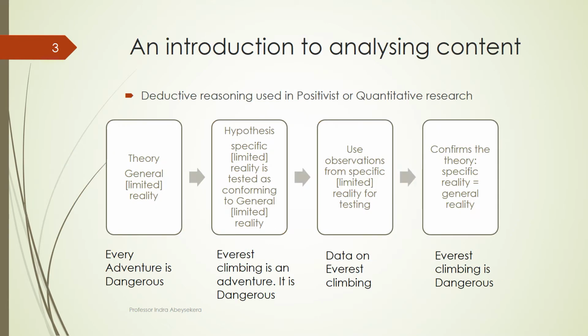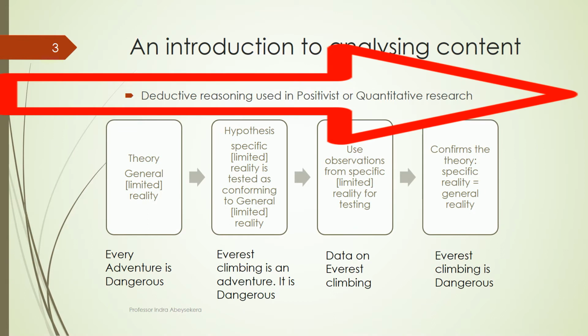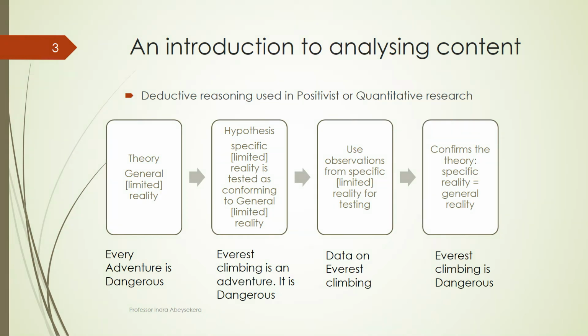When we analyze content and want to make inferences, there are three ways to make inferences. The first one is the deductive reasoning used in positivist or quantitative research.